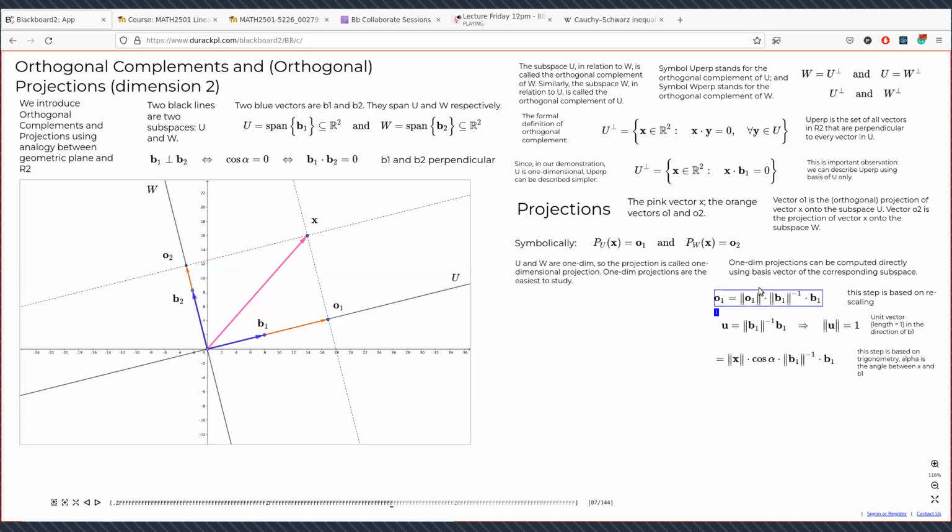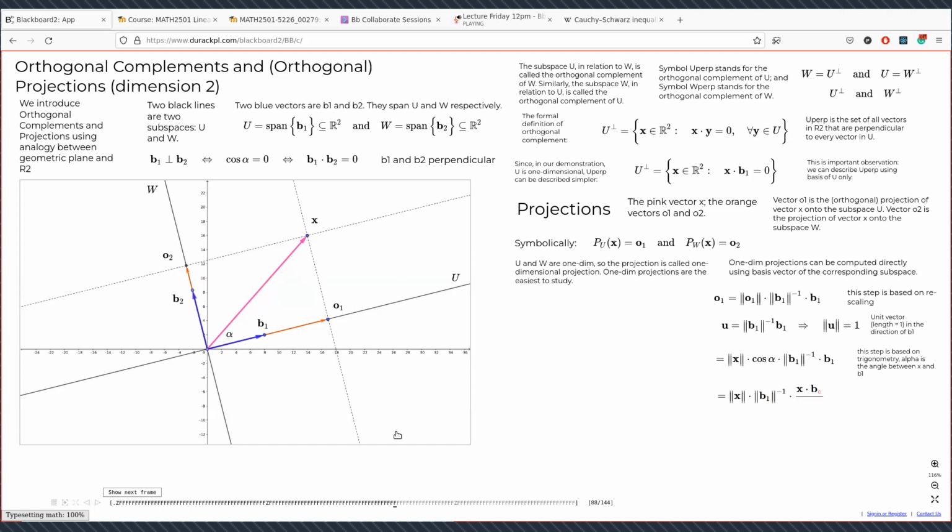This O1, which is the length of this vector, if I use high school trigonometry, I can alternatively compute this length by taking the length of the x vector in this right-angle triangle and multiplying by the cosine of this angle here. That's high school trigonometry. I replace the length of O1 with the length of x and the cosine of the angle in between. There is geometry involved here really heavily.